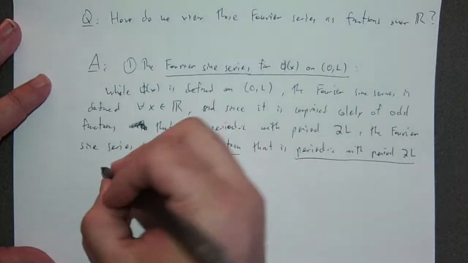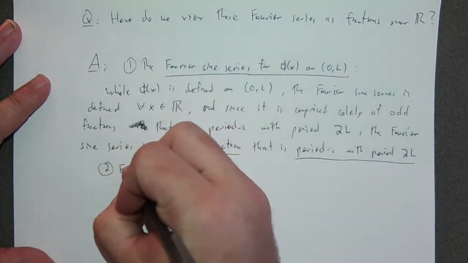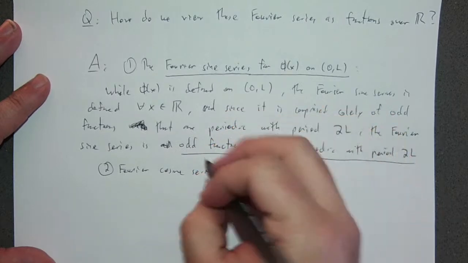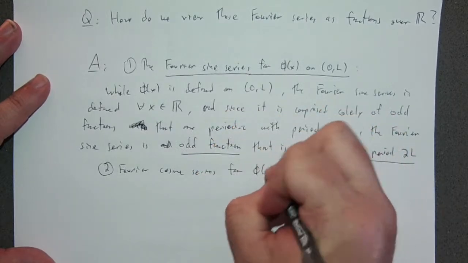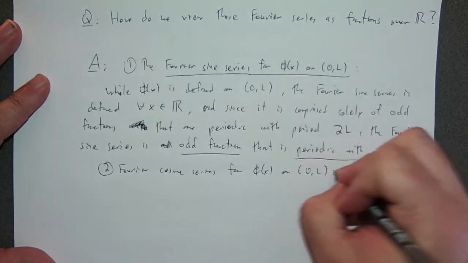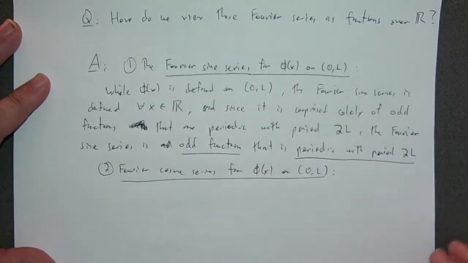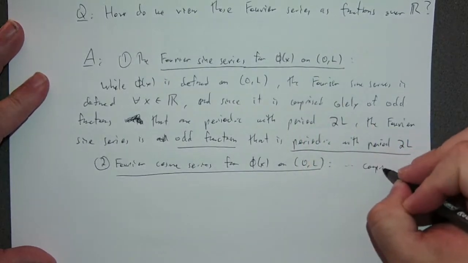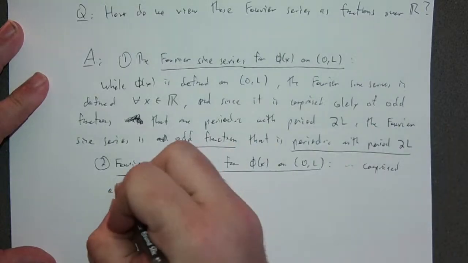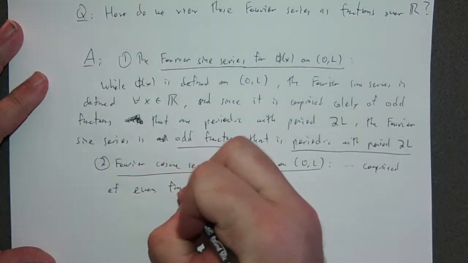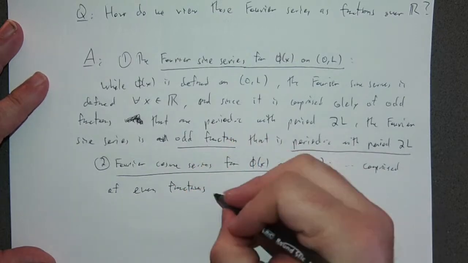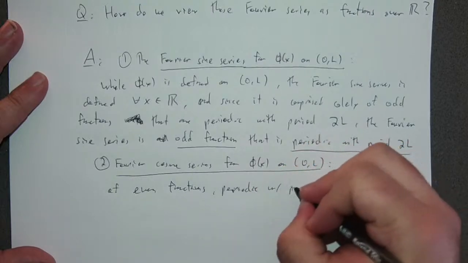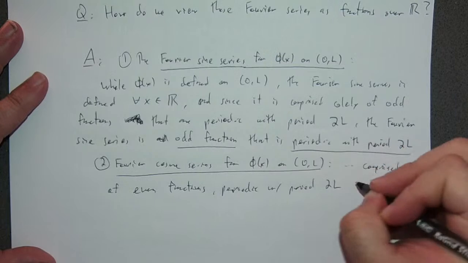Similarly, I don't want to rewrite all of this, so the Fourier cosine series for phi of x on 0 to L. It's the same sort of thing, but it's comprised of even functions, periodic with period 2L.